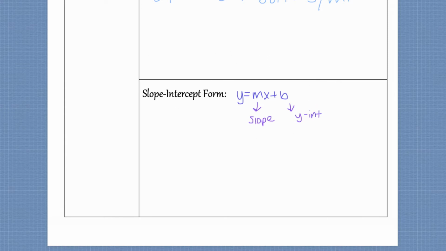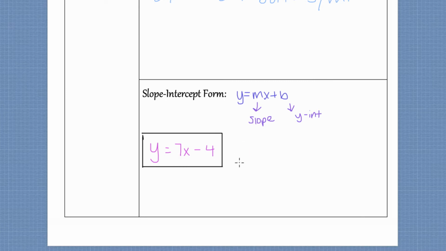So if anyone ever gives you an equation, say like this one right here, you can immediately tell what the slope is because this equation is written exactly in slope-intercept form. Whatever number comes right before the x, whatever the coefficient of that x is, that is what the slope is going to be. So for instance, in this equation, the number 7 is before the x.